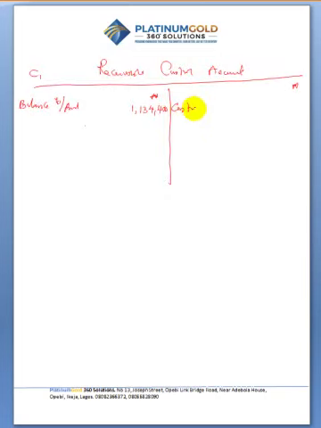So we have it as contra transfer from payable account, and that is 112,000.